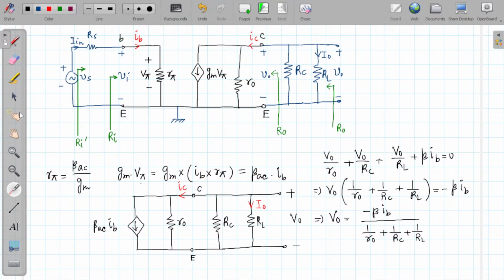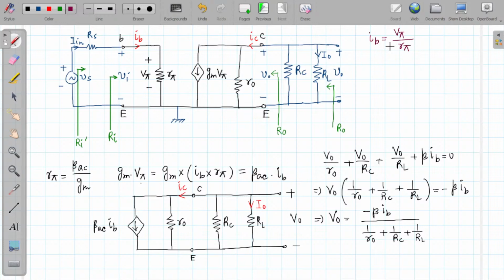From the input circuit figure, what is IB here? IB is nothing but the voltage across R pi divided by the R pi resistance. So we can write the base current IB equals the voltage across R pi, that is V pi, divided by R pi.